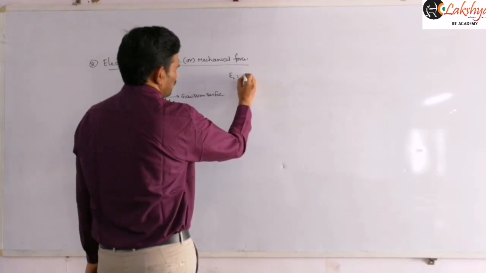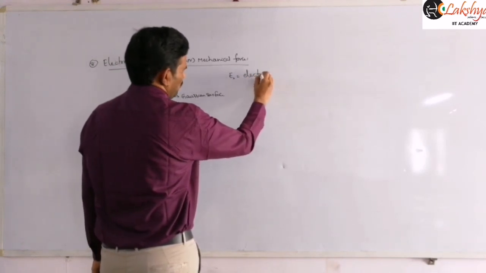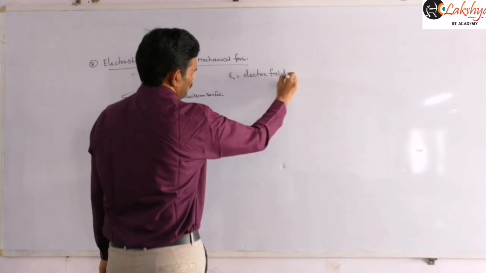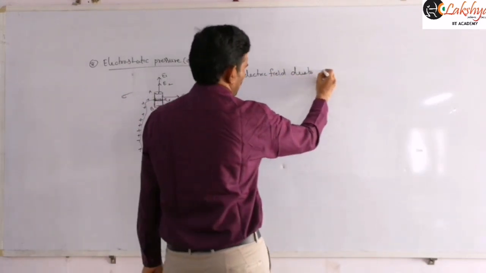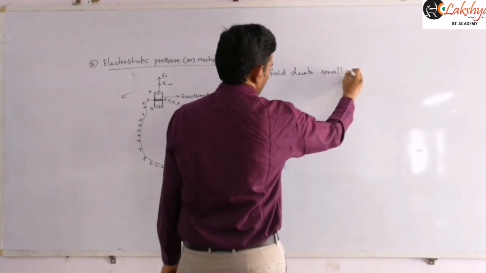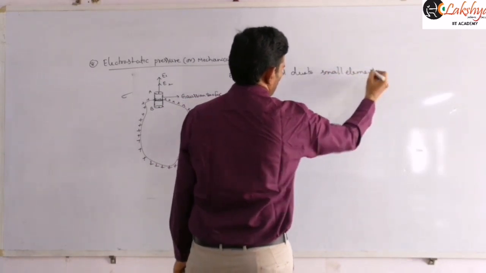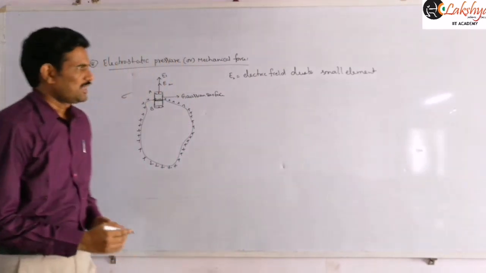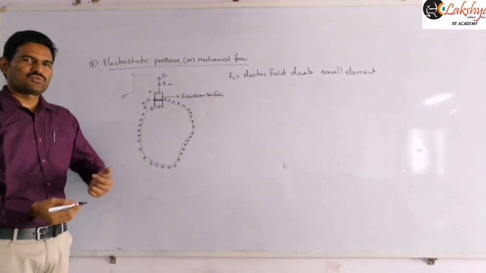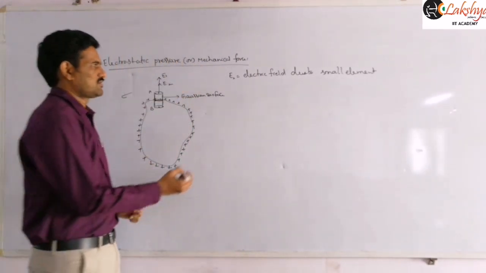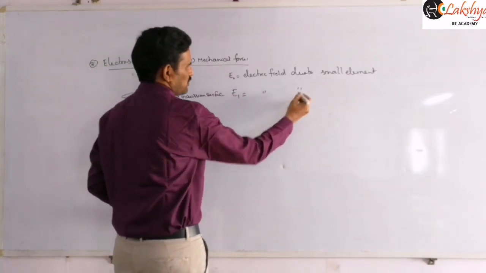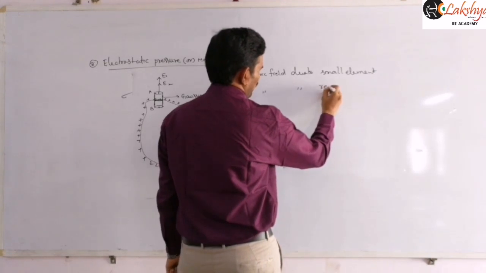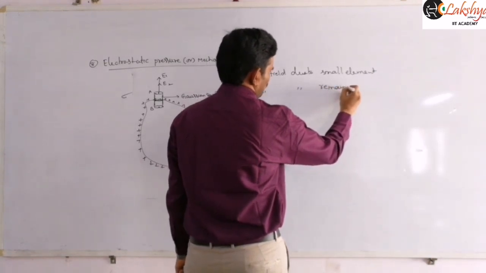E2 is the electric field due to the small element, and E1 is the electric field due to the remaining object except this element.